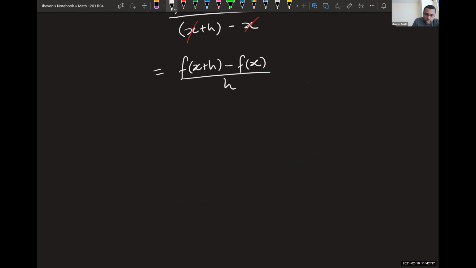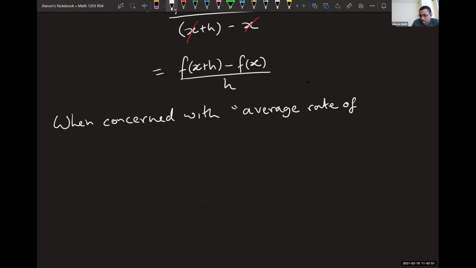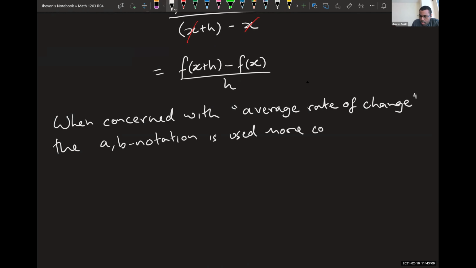I'll also just mention that when concerned with average rate of change, the AB notation, that's not an official term, that's just what I'm calling it, the one without the H, is used more commonly.